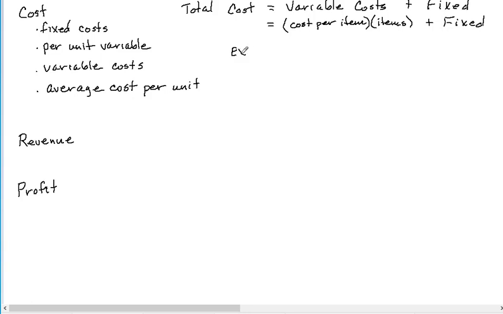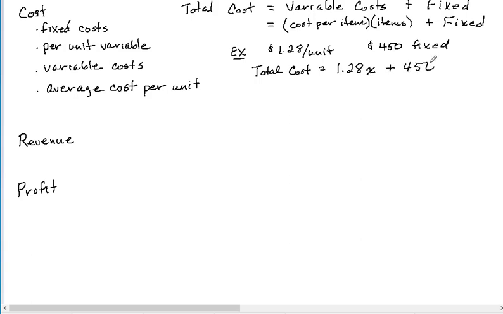So for example, if it costs $1.28 per unit and the rent and overhead is $450 of fixed costs, then the total cost function would be the variable cost per unit, that's $1.28, times x for the number of units, plus $450.